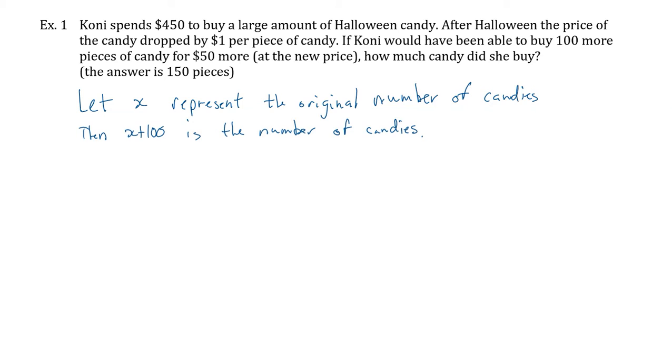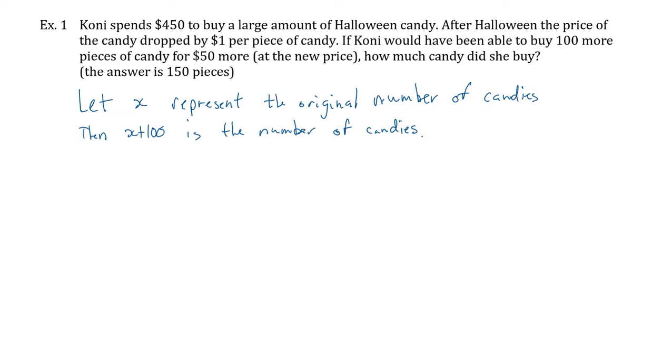When we're writing them, do we have to write the original number? Can we just write let X? You can't just say let X represent the number of candies because there are 2 numbers of candies. So you've got to be clear. Some questions are going to lend themselves better to that, like Frank's speed, but you have to say whose speed or that kind of thing. Would we need to write down that X plus 100 is the number of candies?